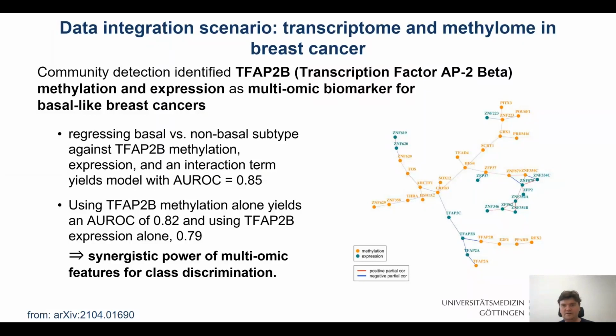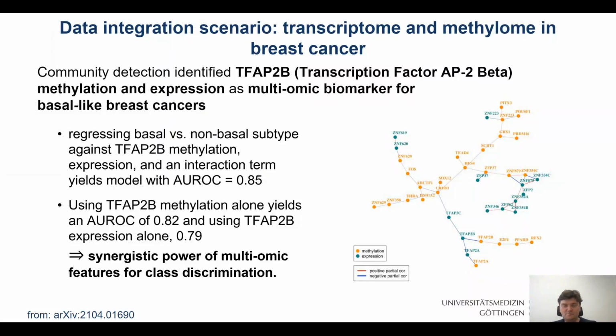Considering that it's just one gene expression level and its corresponding promoter methylation, that's indeed a pretty good number. Of course, if you incorporate many more variables, you might get substantially better, but it's remarkable that it's just these two variables. So basically a multi-omics synergy, which we here discovered.